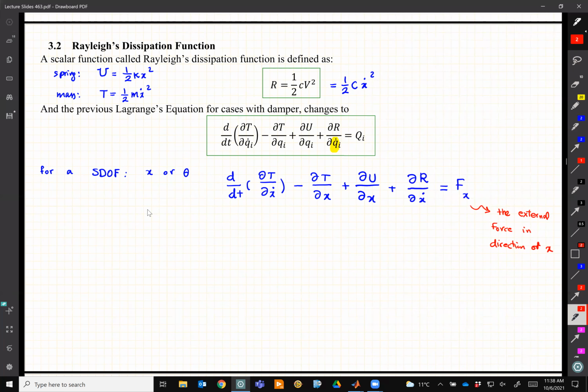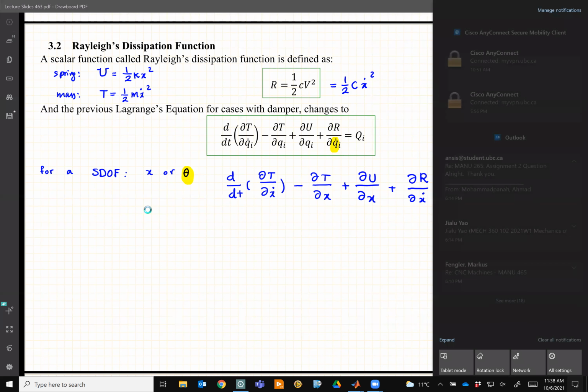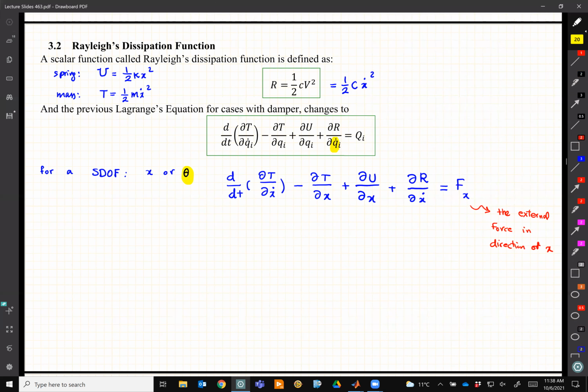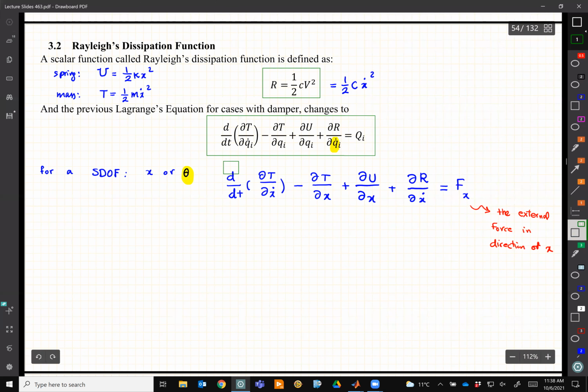This force can be also a moment, a couple, so Mx, if our system is a rotating system. For example, if I'm writing things with respect to theta. I guess one of your tutorials was a rotating system. Or maybe in future also in one of your tutorials, you will see a rotating system.